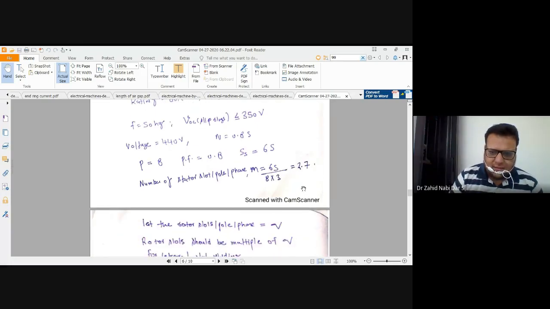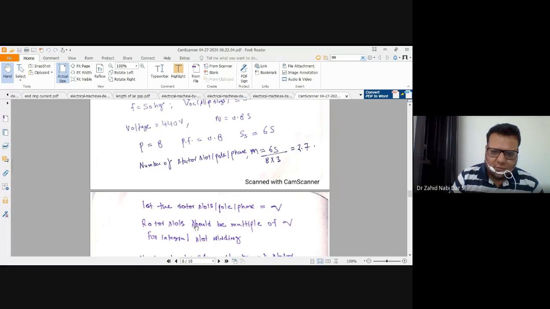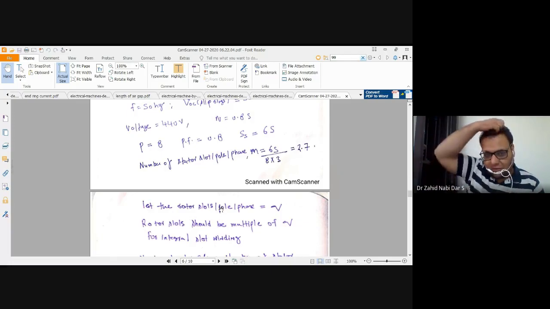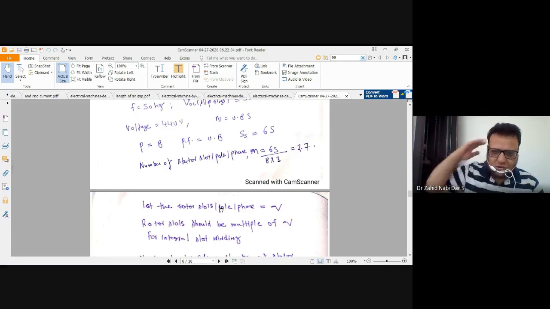Now let's go for how many rotor slots per pole per phase we will require. SR is not given, so SR we have to calculate first. So let the rotor slot per pole per phase be equal to Q. Rotor slots should be a multiple of Q for integral slot winding.